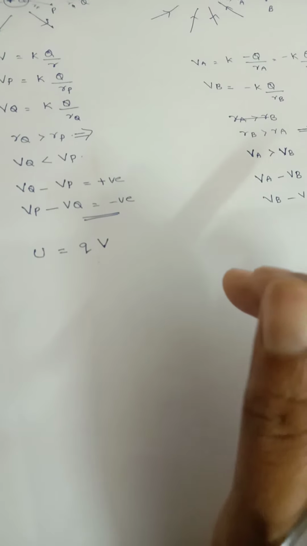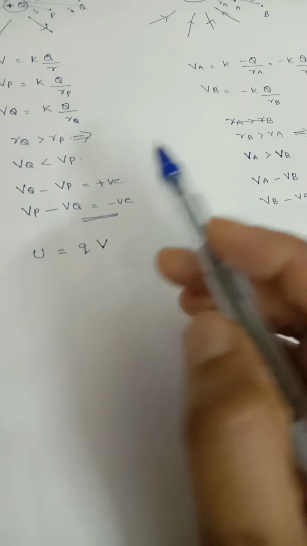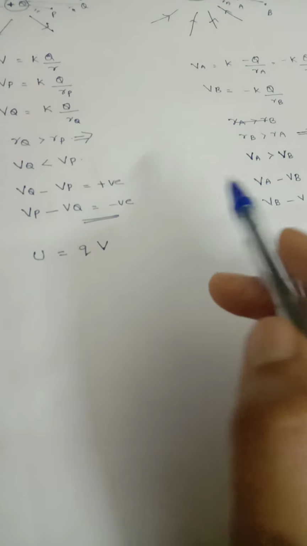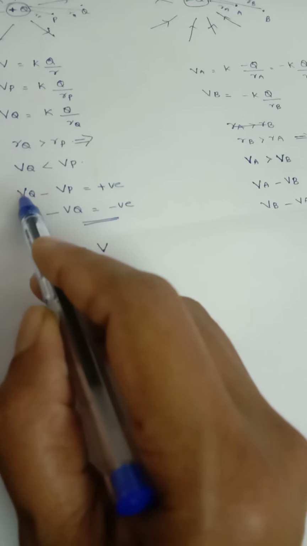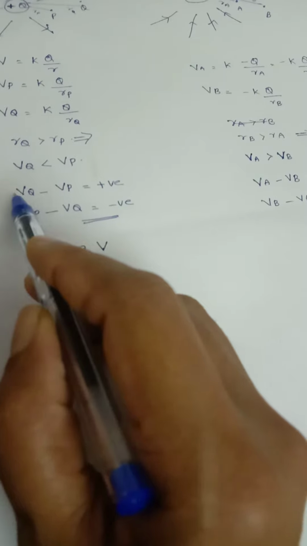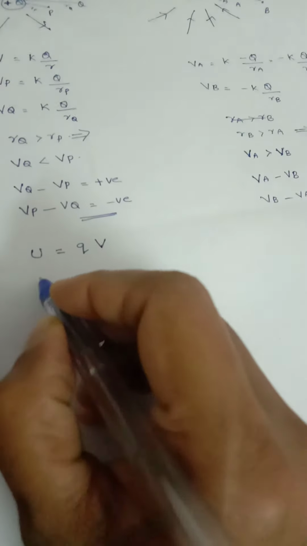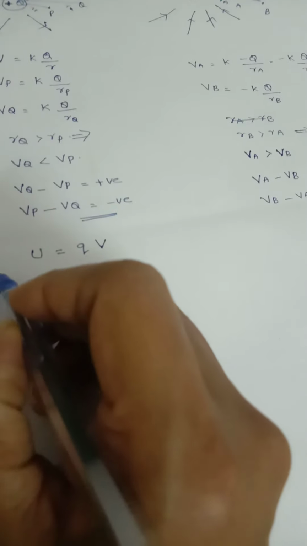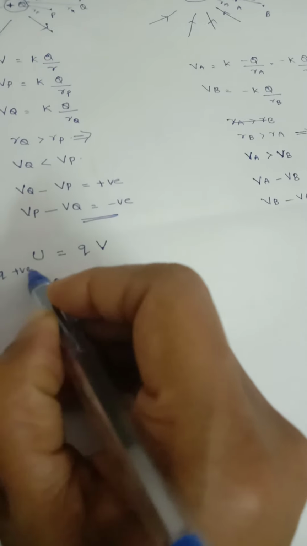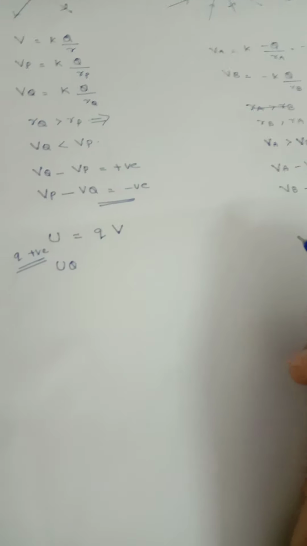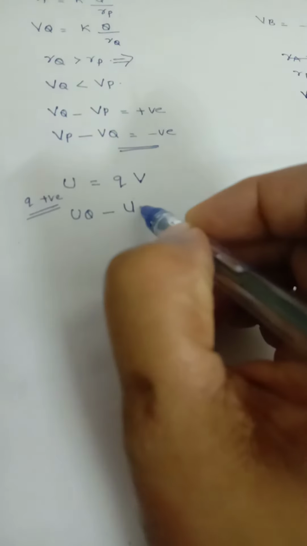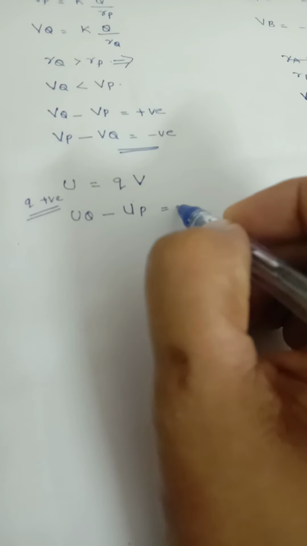First we will consider if the charge is a positive charge. If the charge is positive, then when you multiply VQ and VP with that charge, you will get UQ and UP. In the first case, if the charge is positive, the same relations hold: UQ will be greater and UP will be lesser, so you get a positive sign.